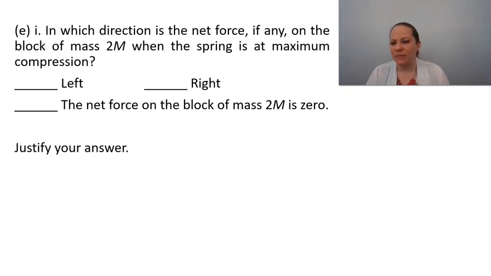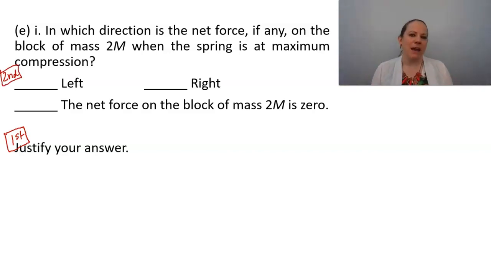My pro tip here is when you are asked to make a selection and then justify your answer, justify first and then come back to make the selection. Because you can't make an accurate selection until you've thought everything through, and justify your answer is the place for you to do that thinking and record your thought process.